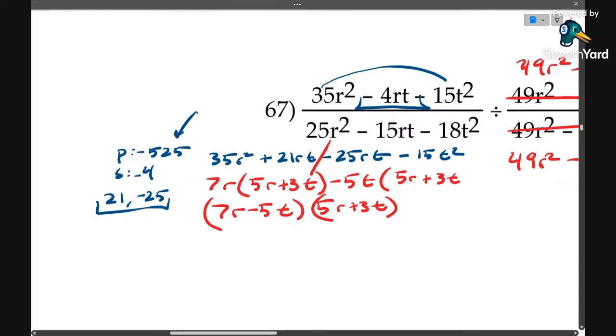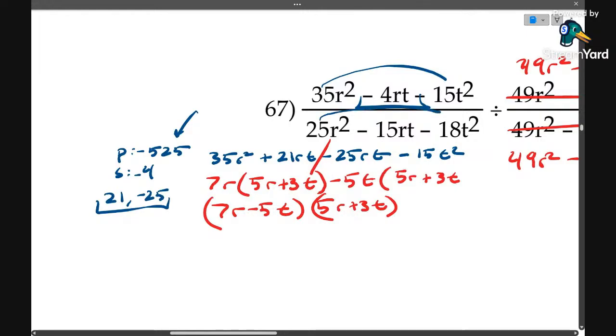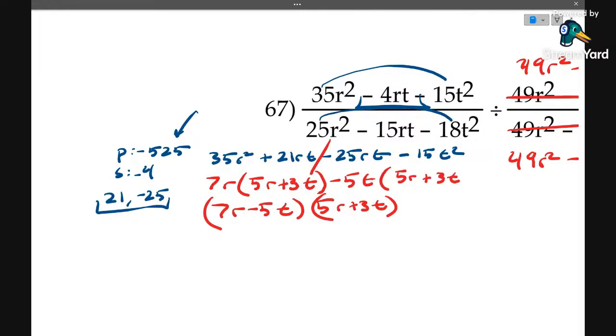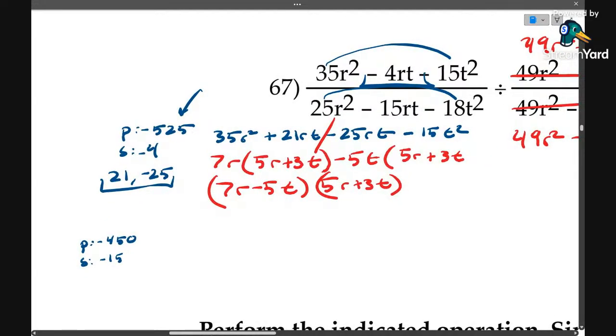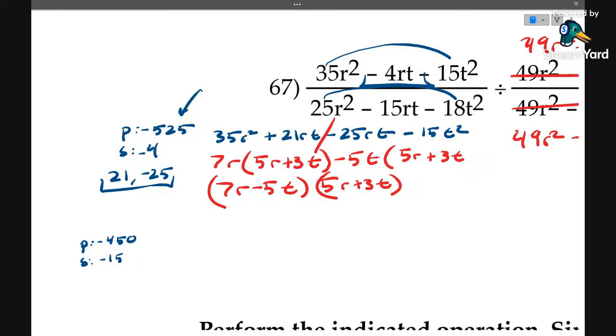We're going to now just repeat the process again with the first denominator. So we're going to start with 25 times negative 18. And so we're looking for a product of negative 450 with a sum of negative 15. So let's see, negative 450, and I want negative 15. That's going to be negative 30 and positive 15. That'll give me the right product and sum. So we can split. Again, no side conversations, gentlemen.